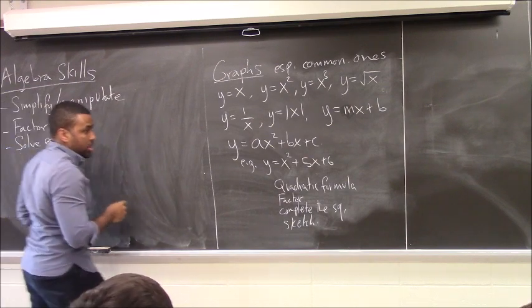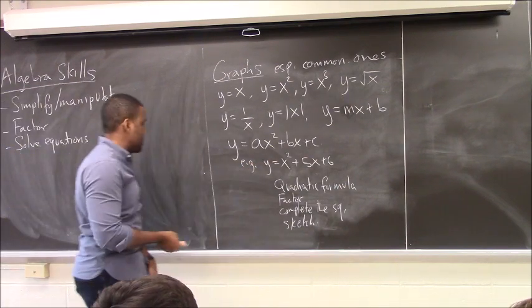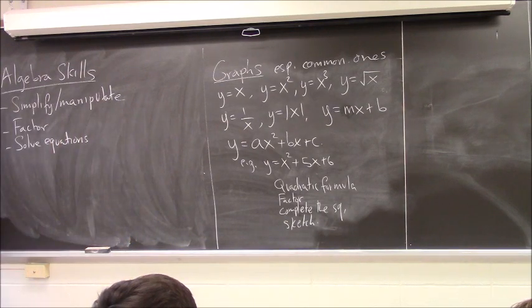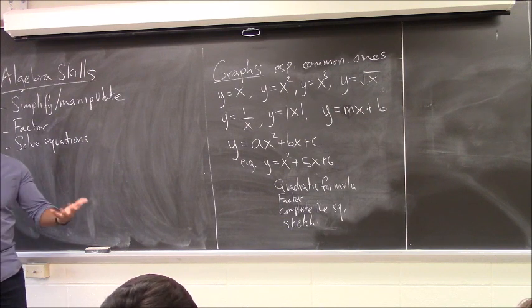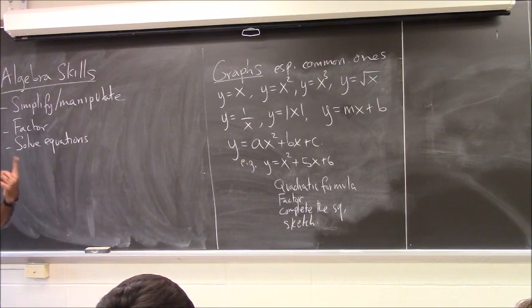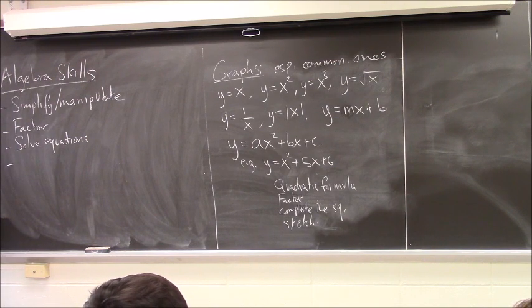So, for example, if I set this equal to 0, you should know how to solve that. Or the basic equations, polynomials, radical equations. You should understand how things work in general. Like, you can't randomly square something, but you can square both sides of an equation. You should know that you can do one but not the other.